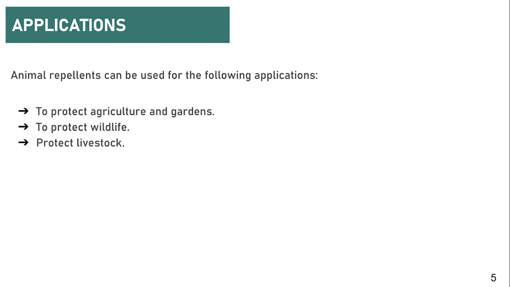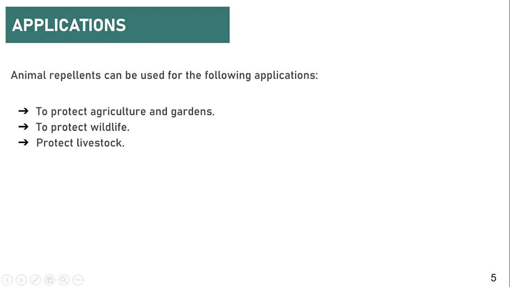So these are our applications, basically to protect agriculture and gardens. Our project aims to protect agricultural land, and also human life, from the attack of wild animals, and to protect the wildlife. Using our product, we are not harming any animals.